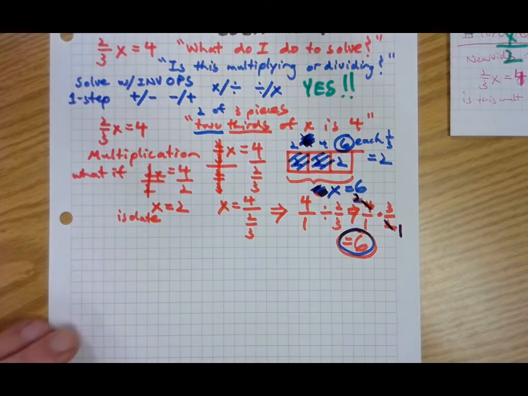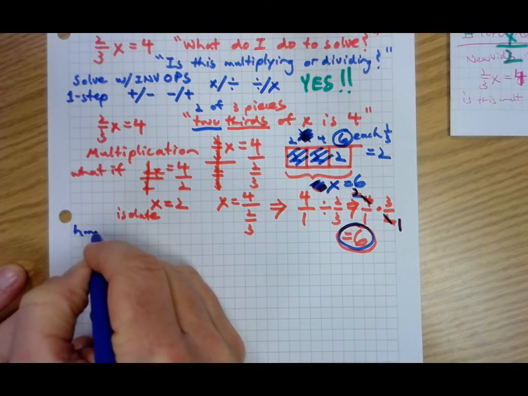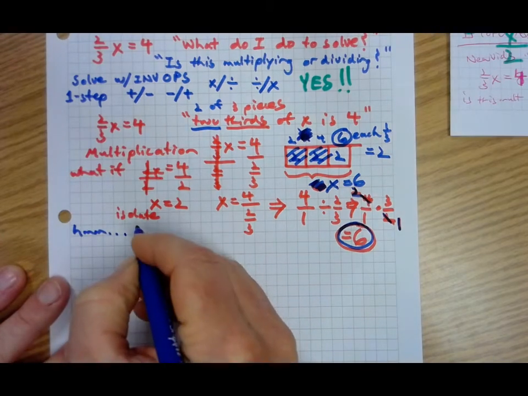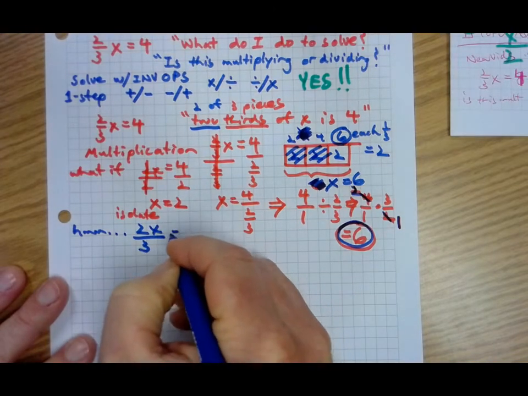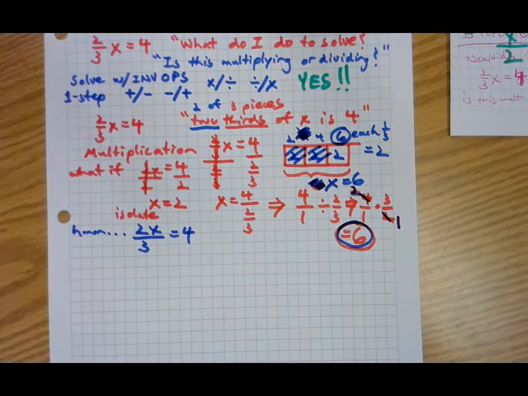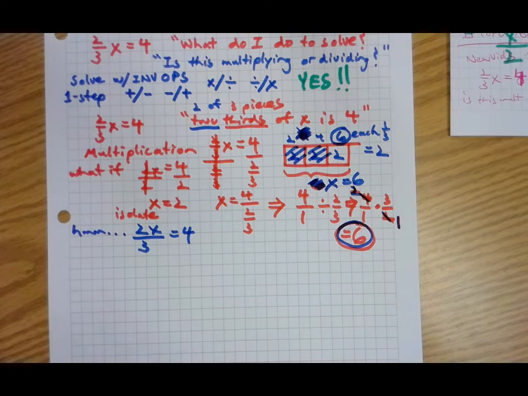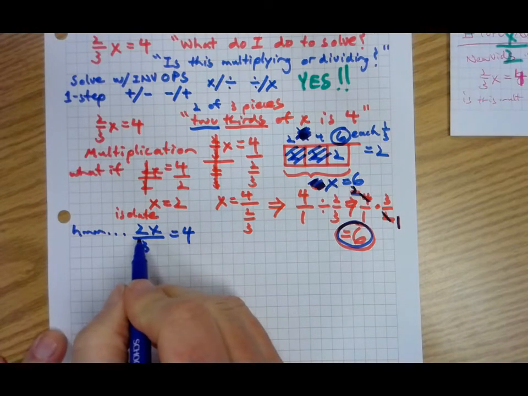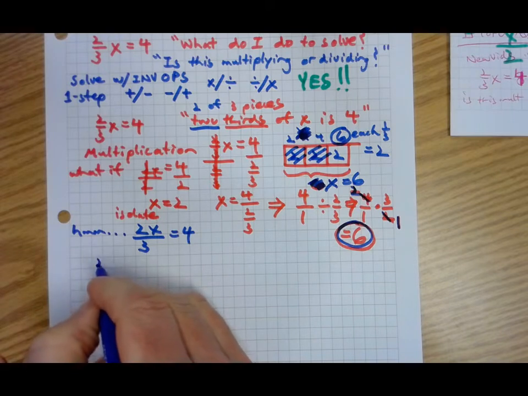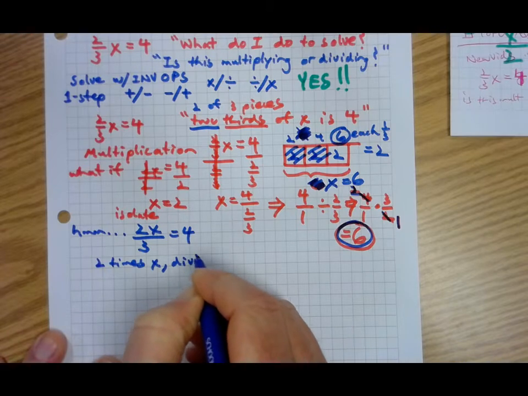But what if, here's another way you could think about this. So now it is both multiplication and division, which is also what that was. Now it starts to sound like everything's mushing together, but this means 2 times x divided by 3.